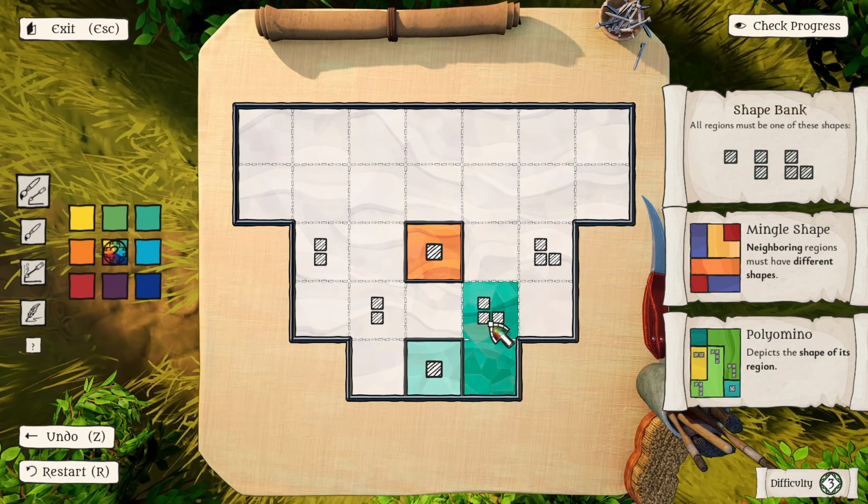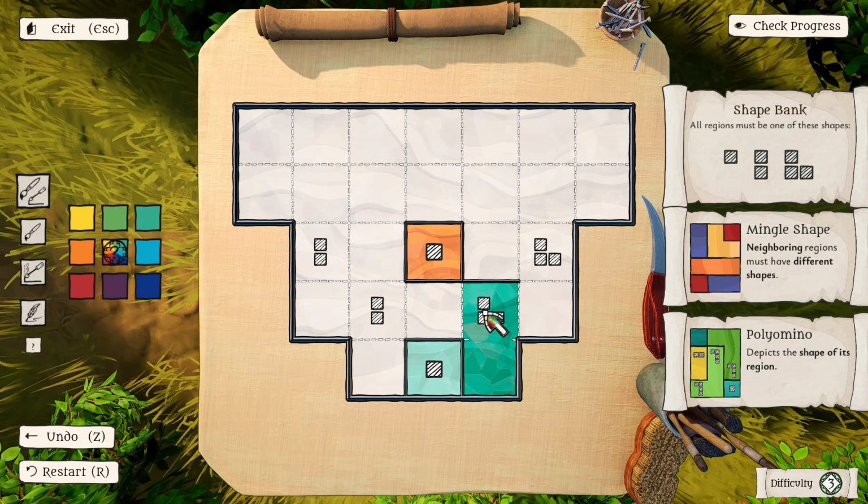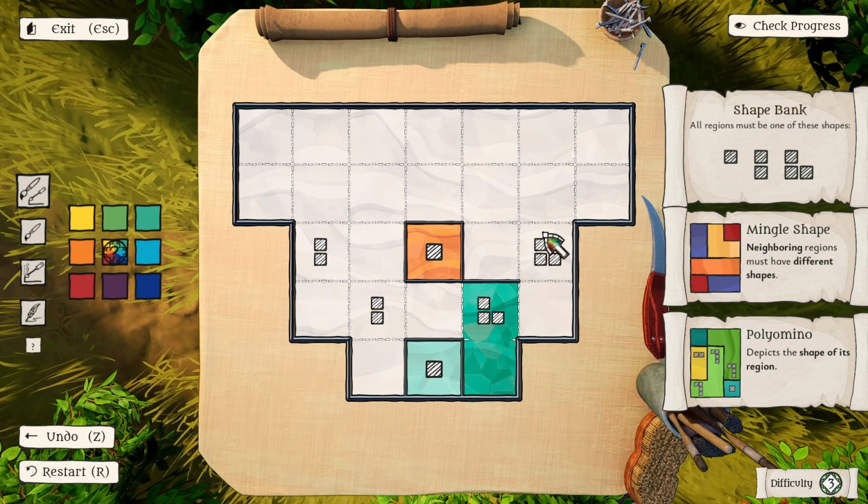It has to hit that. And now it must be part of an L. So it takes either that or that. It can't take that because mingle shape would mean that it's interfering with that one.